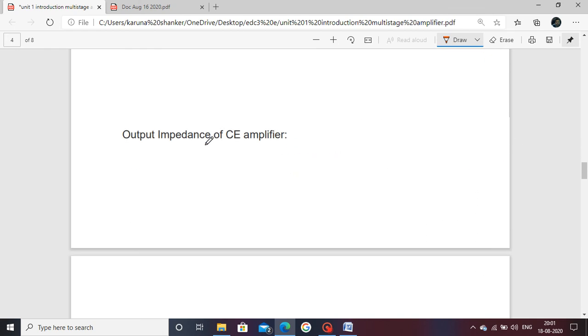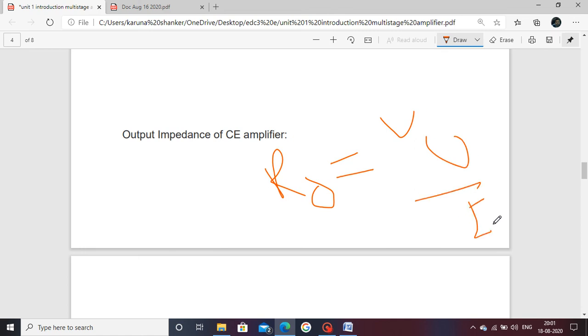Similarly, output impedance is output voltage upon output current, that gives you the output impedance.